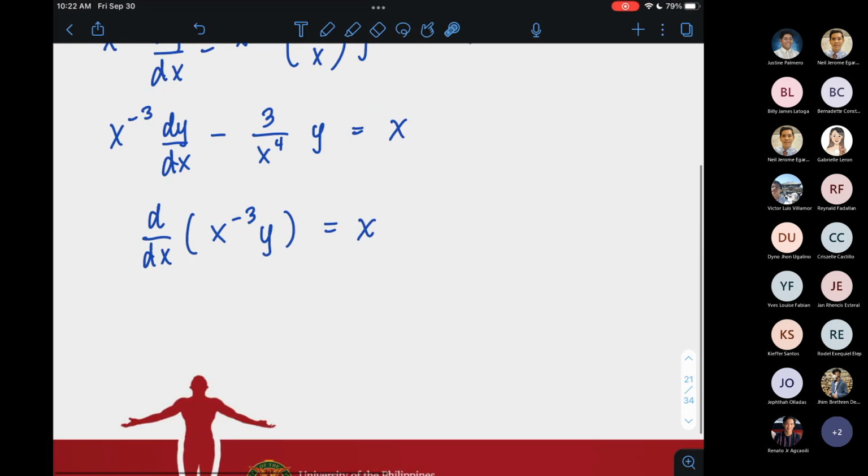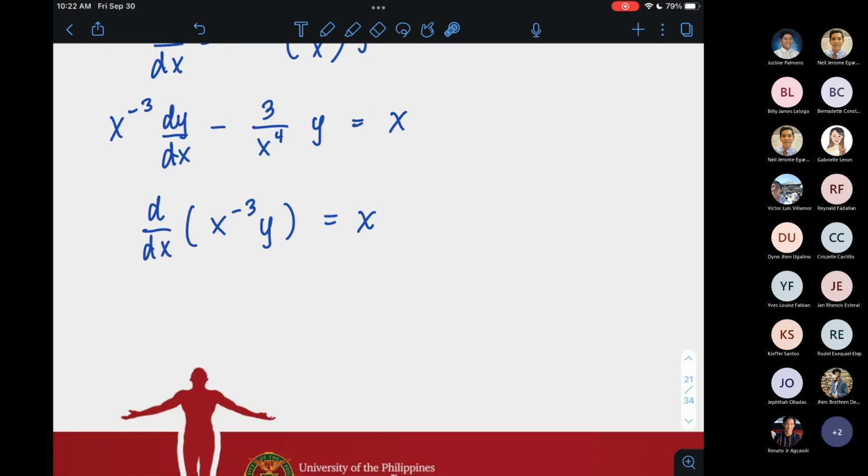Okay? Sir, why is it good that this happened? Well, I can just multiply both sides by the differential of x. This becomes the differential of x to the minus 3 y equals x dx. Because what I will do now is integrate both sides. I integrate both sides, I'll get this. Then you can think of it as du.